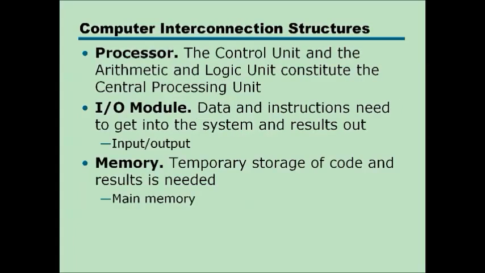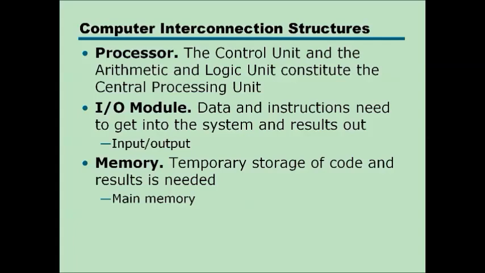So the computer interconnection structures or components: we have the processor, we have the I/O module, and we have the memory. The processor, the control unit, and the ALU or the arithmetic logic unit constitute the central processing unit. Meaning to say, the processor or the CPU is composed of the ALU and control unit.